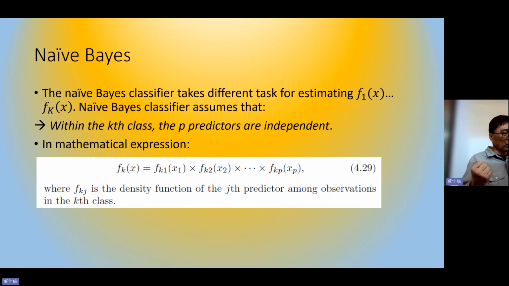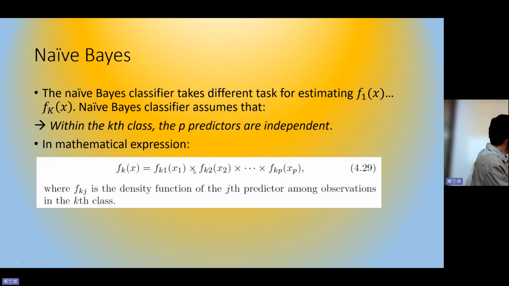What we are doing by applying the naive Bayes classifier is that within the K classes, we assume that the P predictors are independent. If that's the case, then we can reformulate the mathematical expression in this way.